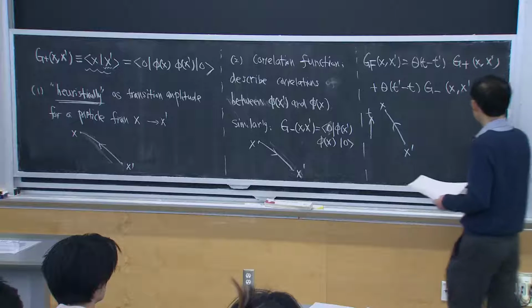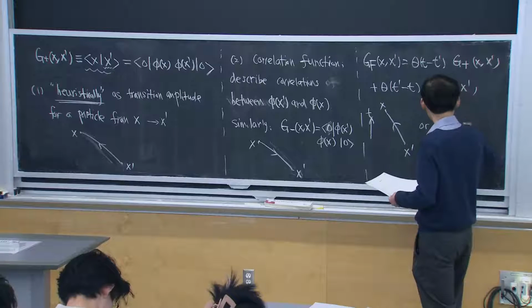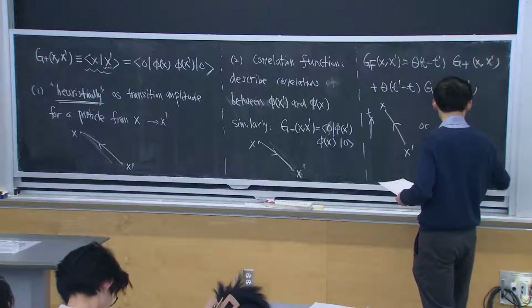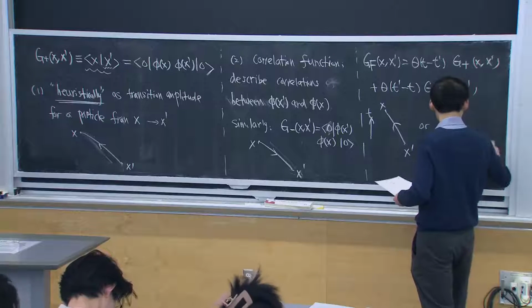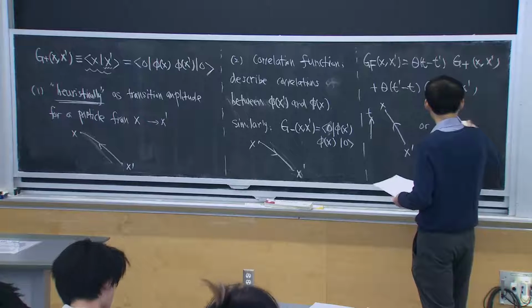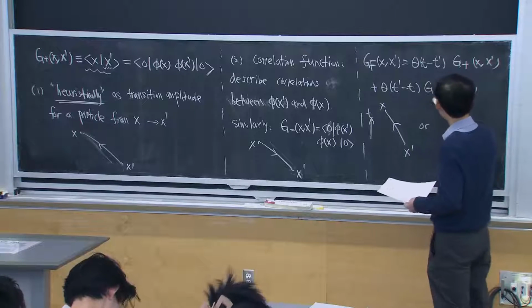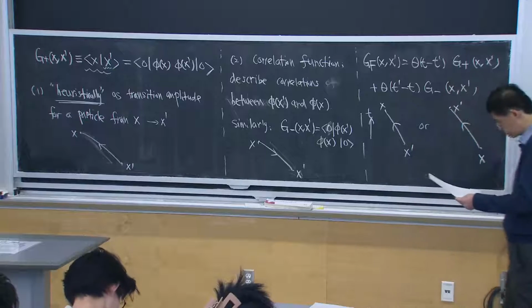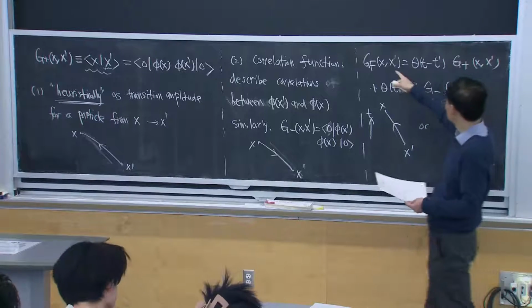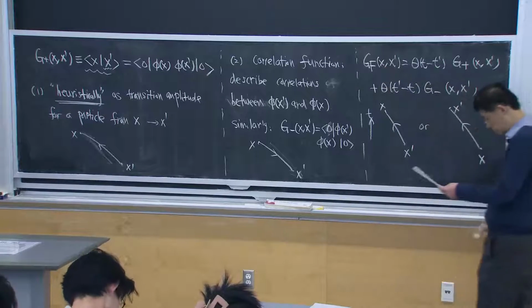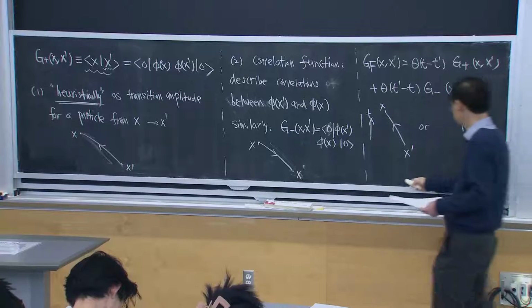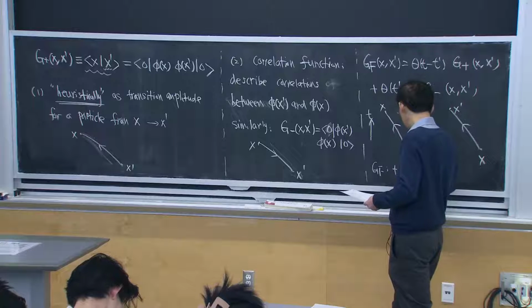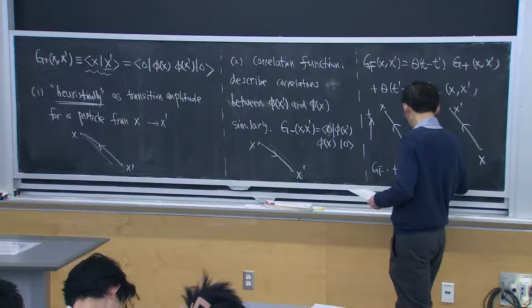Okay, but if x prime has a larger time and x has a smaller time, then it describes the opposite direction from x to x prime. But in both cases, you always go from the smaller time to the bigger time. Okay. And so we often also call this G_F the time-ordered correlation function. So G_F is called the Feynman Green function. It's also called the time-ordered correlation function.